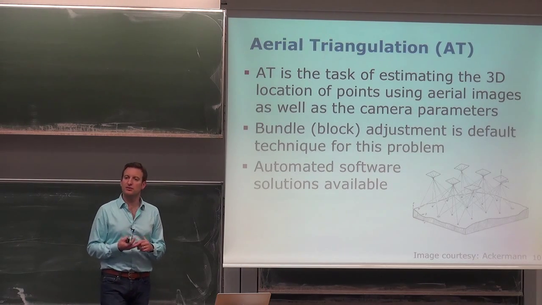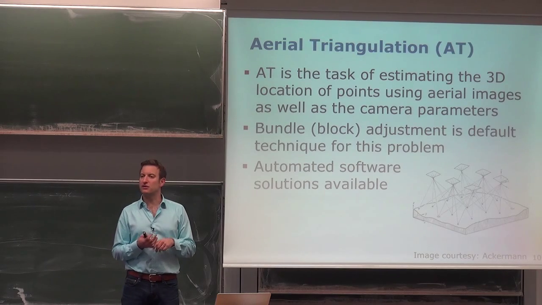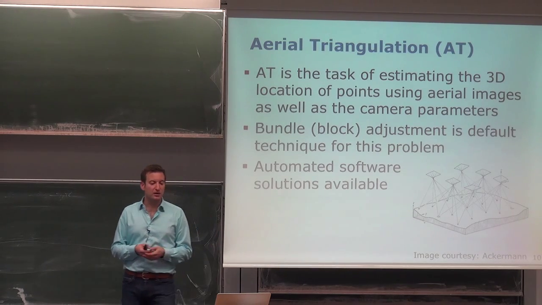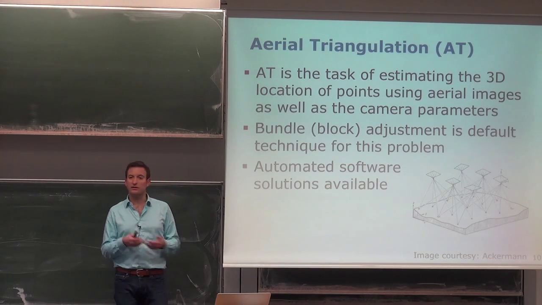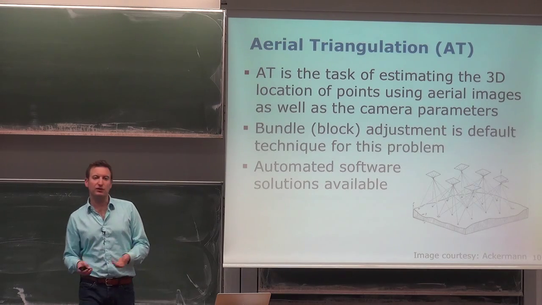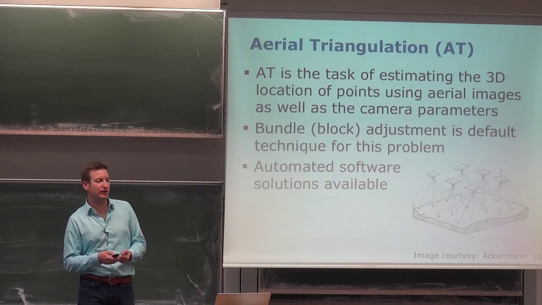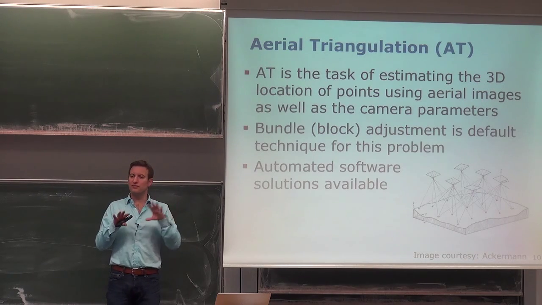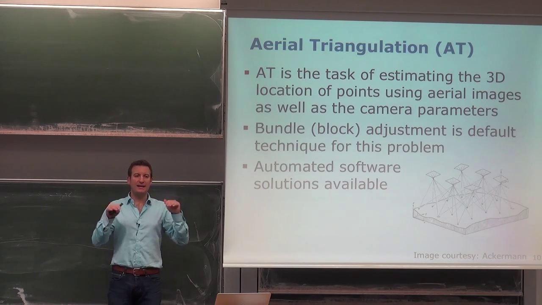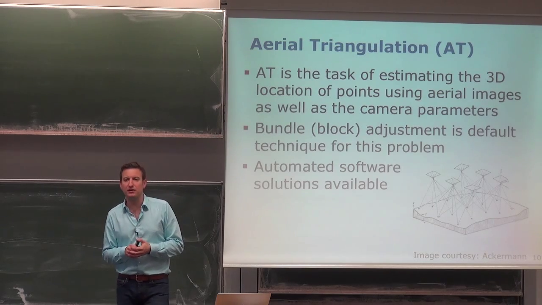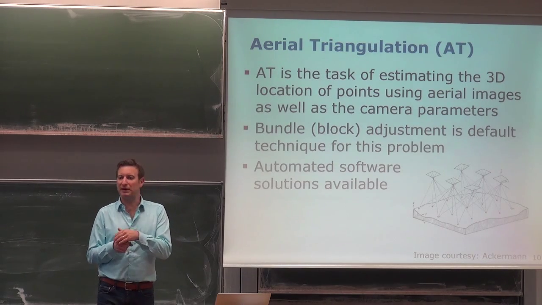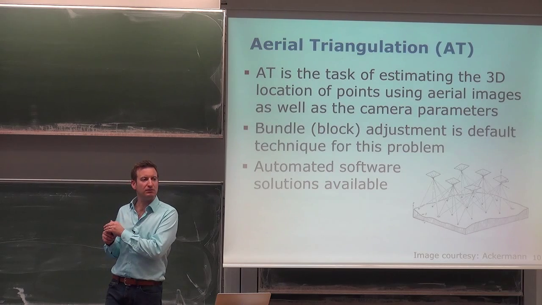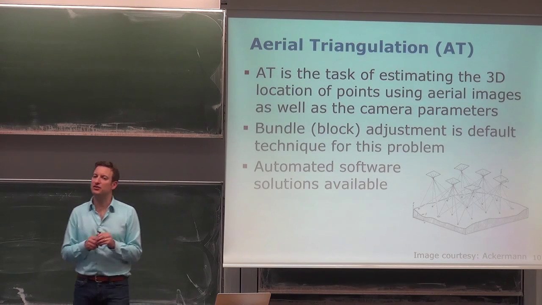These are all things which may break these automated software packages, and this is why there's still research ongoing in the context of bundle adjustment or what's called visual simultaneous localization and mapping today. So this was the very high-level overview about bundle adjustment, what it's there for, and why we may be interested in that.